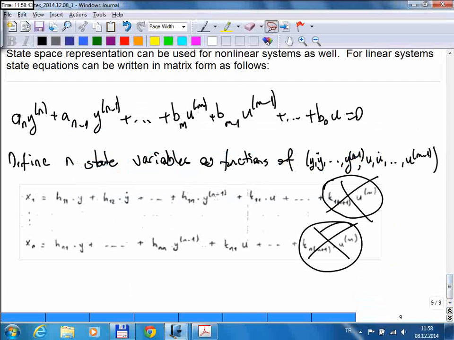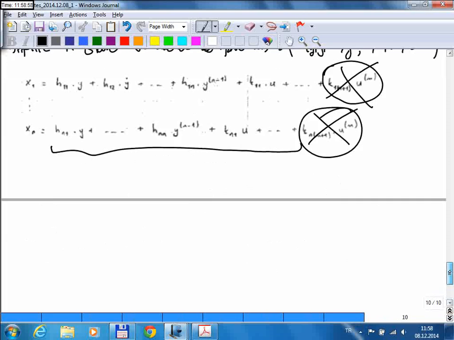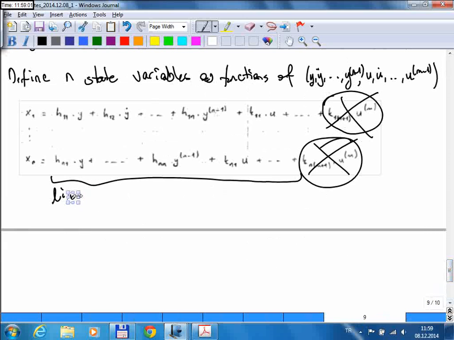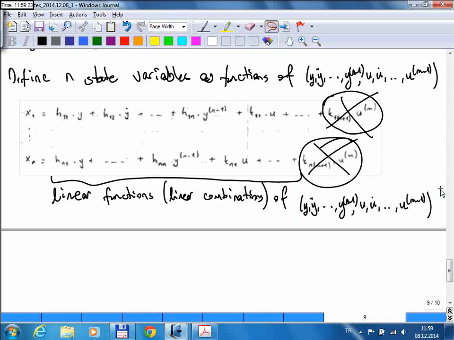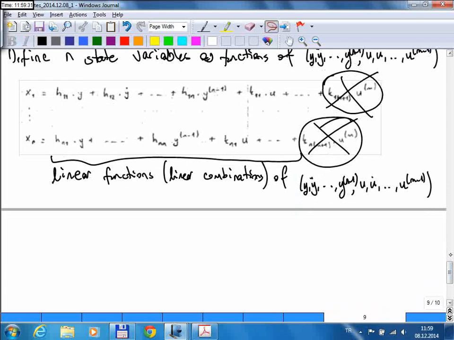Since our system is linear, obviously the state variables should be defined as linear variables. That means these should be linear functions, or linear combinations, of y and y dot and all the derivatives. I can already start writing this in matrix form.